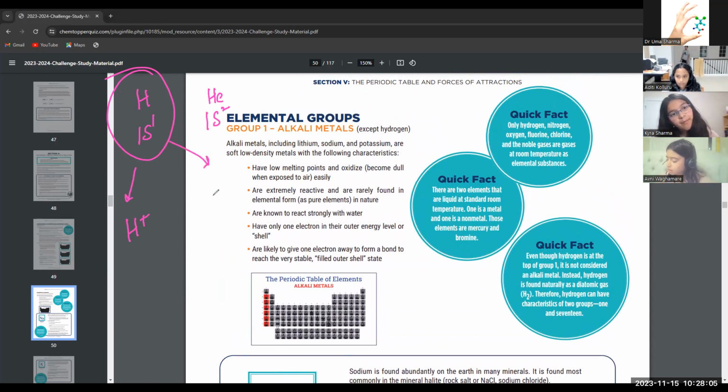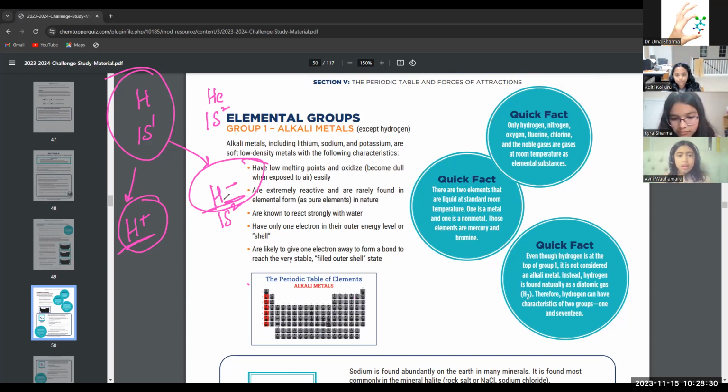Or it can gain one electron and become H minus. When it is H minus, it is 1s2. So it has two options. If it is losing one, then it's an alkali metal. If it is gaining one, then it is just like halogens. Losing is metal, gaining is non-metal. That is the reason hydrogen is unique.